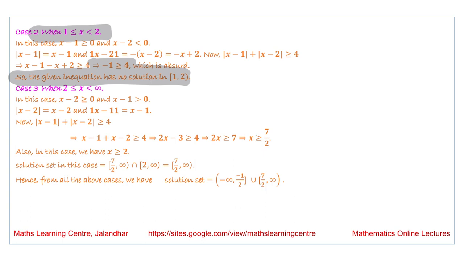And the third case, when x belongs to the interval 2 to infinity, x is greater than or equal to 2, the answer is the interval 7 by 2 to infinity. So the final answer is the union of these two. The solution set is minus infinity to minus 1 by 2 union 7 by 2 to infinity. This is the final solution set that we have in this case.